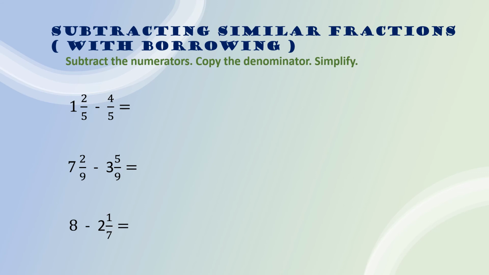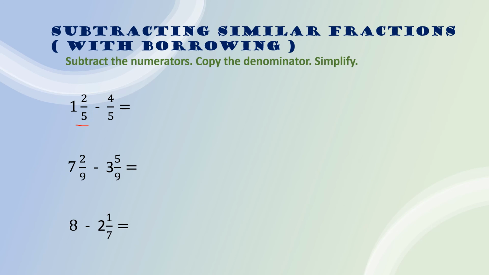How do we borrow, or how do we rename? We have to follow whatever the denominator is. When we rename or borrow, the numerator should be the same as the denominator. In number 1, the denominator is 5.